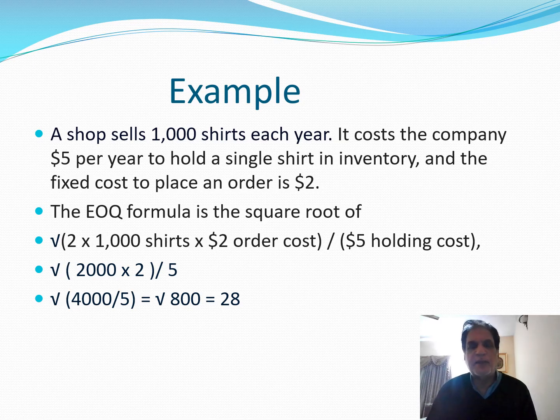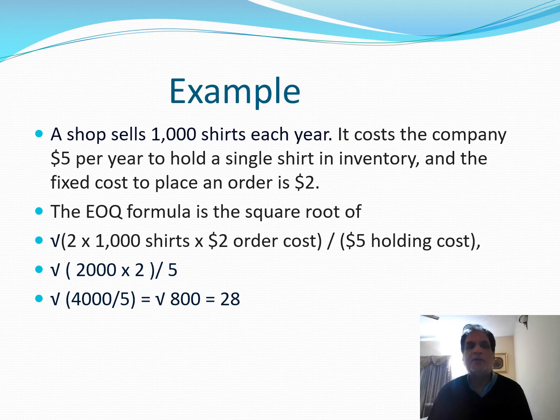Okay, now let's explain this formula by giving an example. For example, a shop sells 1000 shirts each year, it costs the company about $5 per year to hold a single shirt in their inventory, and the fixed cost to place an order is $2. So the EOQ formula is the square root of 2 multiplied by 1000 shirts multiplied by $2 per order, divided by $5, which is the holding cost per shirt.